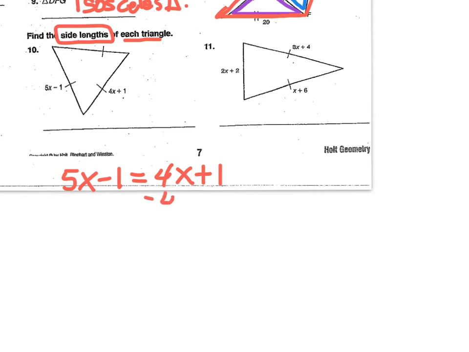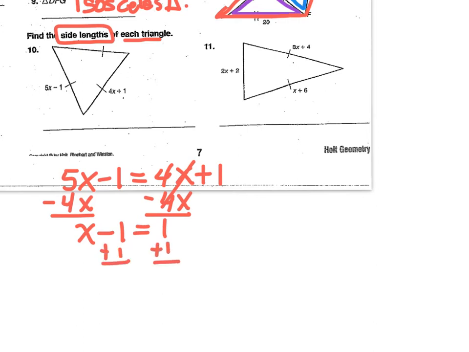The x, so let's subtract 4x over to the other side. That would be x minus 1 equals 1. And then we add 1 to both sides. x equals 2.